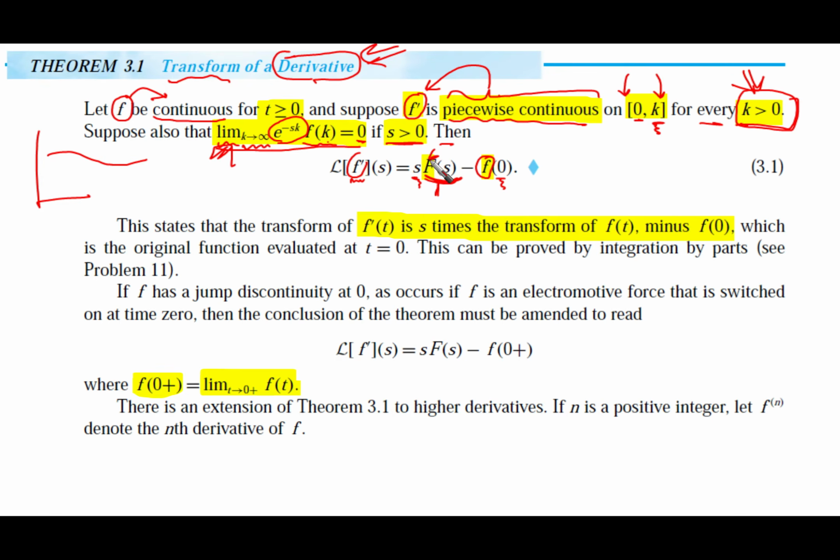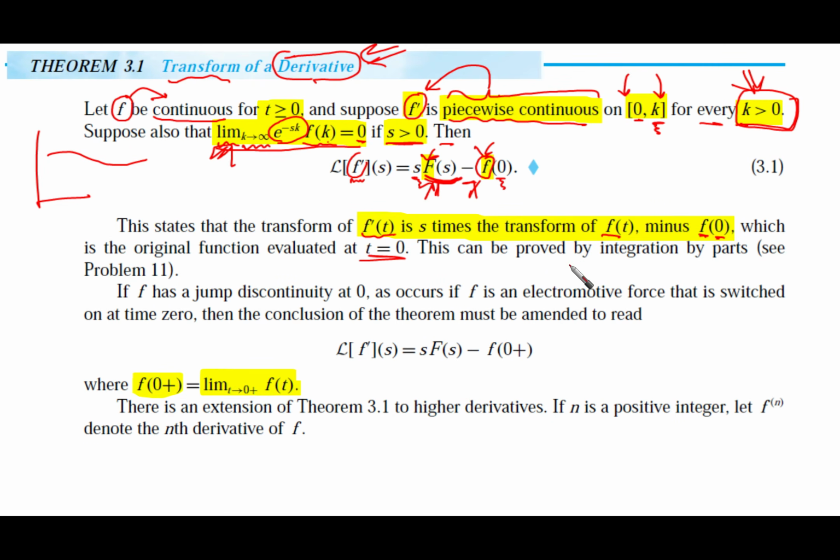Take care, this is f uppercase, this is lowercase. This is the Laplace transform, this is the function. Okay? This states that the transform of f prime of t, the derivative, is s times the transform of f minus f, the function, at 0, which is the original function evaluated at t equal to 0.